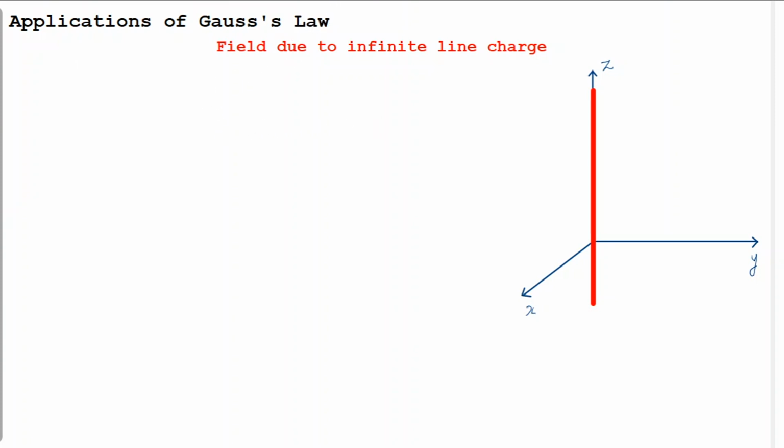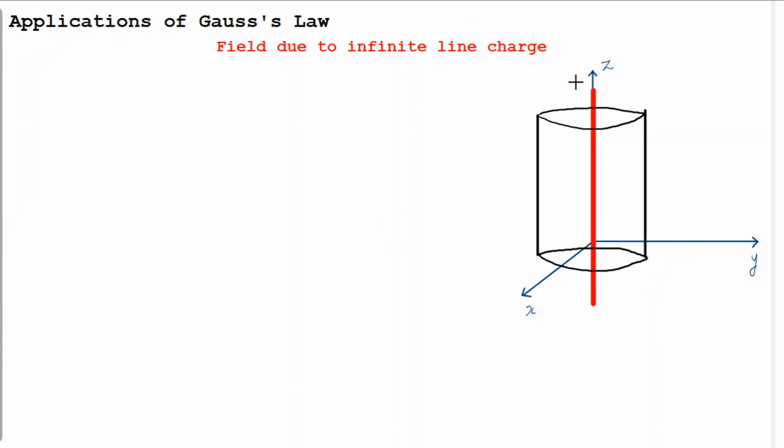I feel the best suited Gaussian surface for this is a cylinder. When I say Gaussian surface, it means that it is a closed surface. So this is a right circular cylinder with the z-axis as its axis.